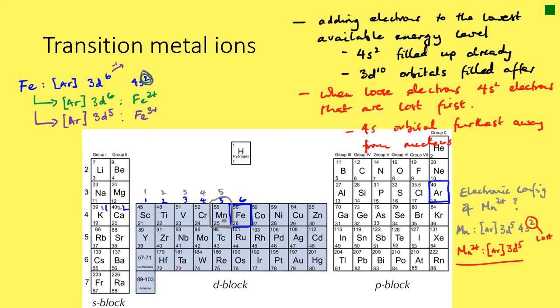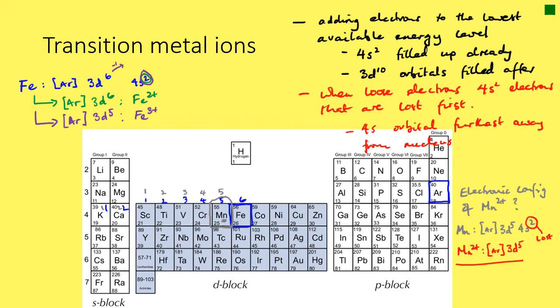And when it does, let's switch to purple, it loses not only the 2 4s electrons, but also one of the 3d electrons. So it becomes 3d5. No 4s, so we don't write that down, and that is iron 3+. So that's iron and the 2 ions that iron makes.